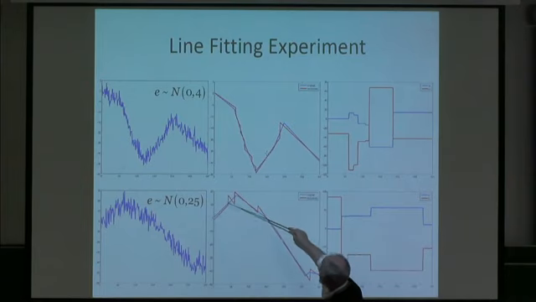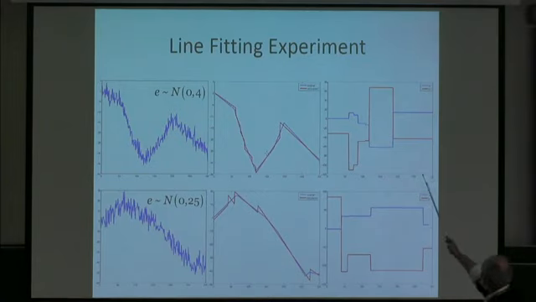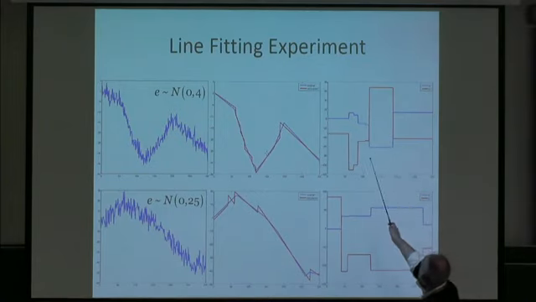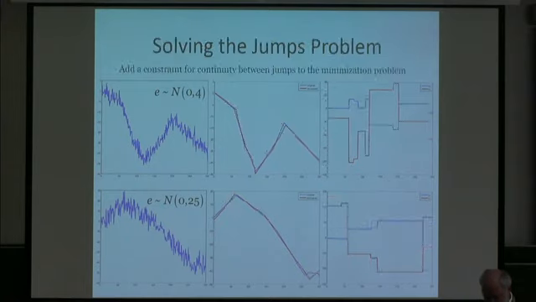Now notice that these jumps are due to the fact that there is nothing in the procedure to enforce continuity. Okay, we didn't impose continuity. However, you could impose continuity. What you get are the locations where the jumps in the various parameters are. You can see them because these are the piecewise constant parameters.